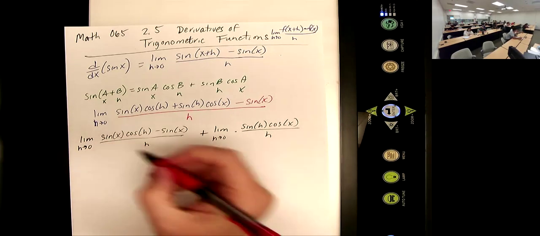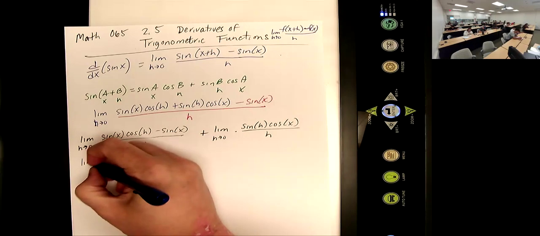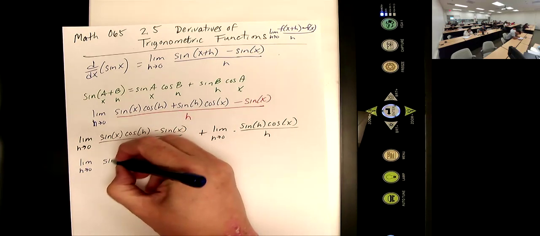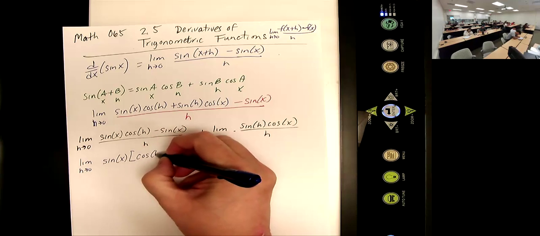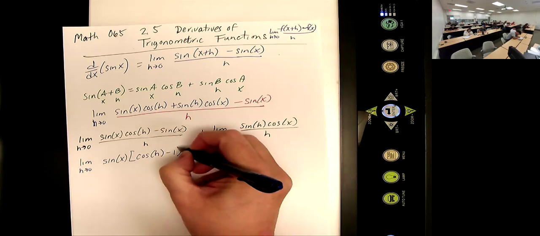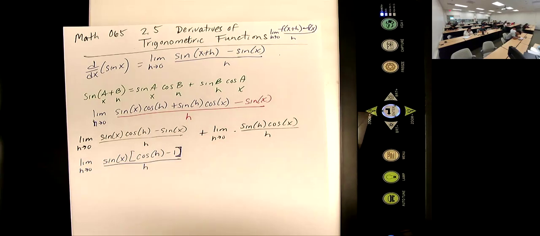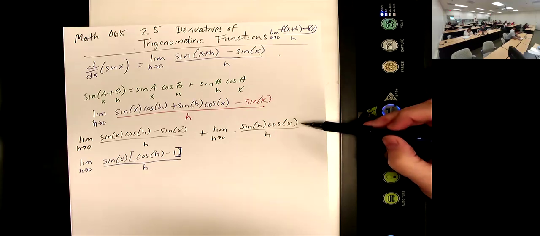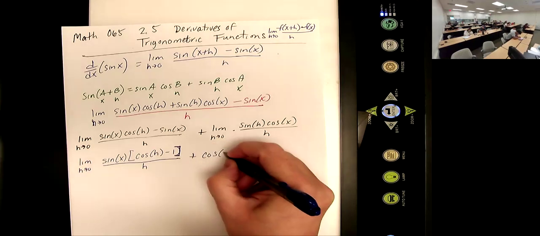And we can factor out sine x on the first one. And on the second limit, cosine x doesn't have an h in it, so I can actually pull the cosine x out.